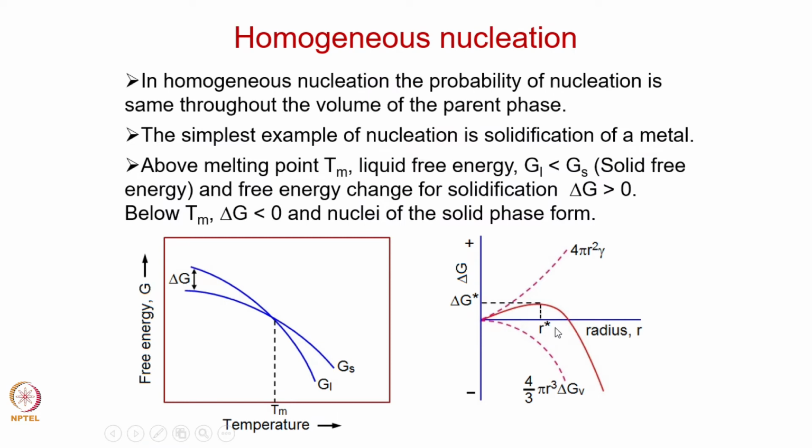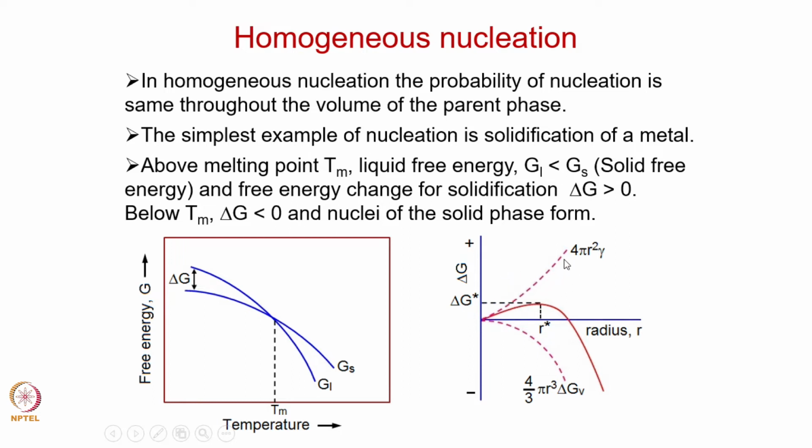So this free energy change that you have here for this particular transformation from liquid to solid has two components. One is the surface energy and another is the volume free energy. Okay, that is shown over here in this particular diagram.